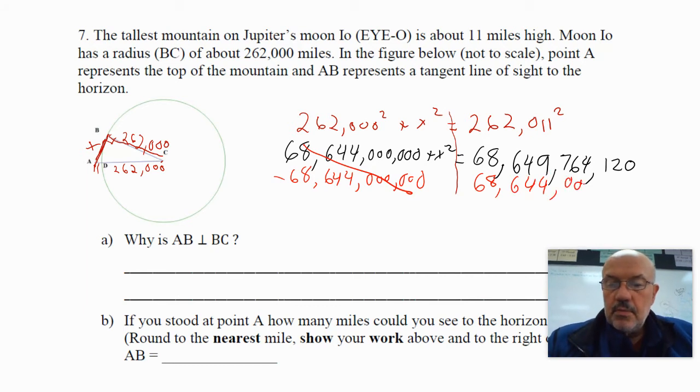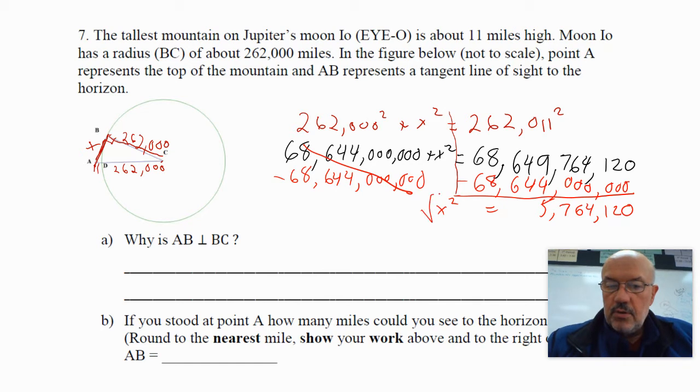So when we subtract, we've got 5,764,120. That's what x squared equals.